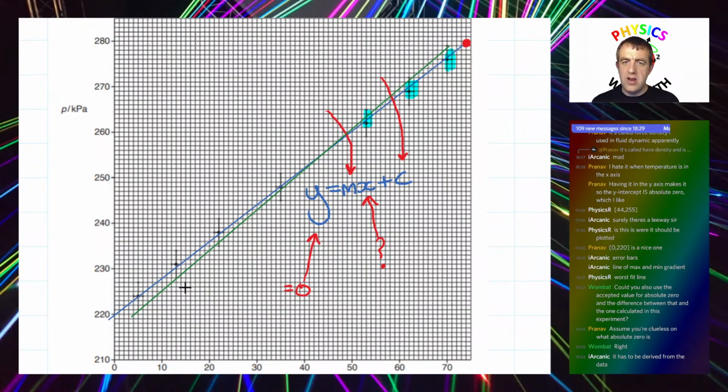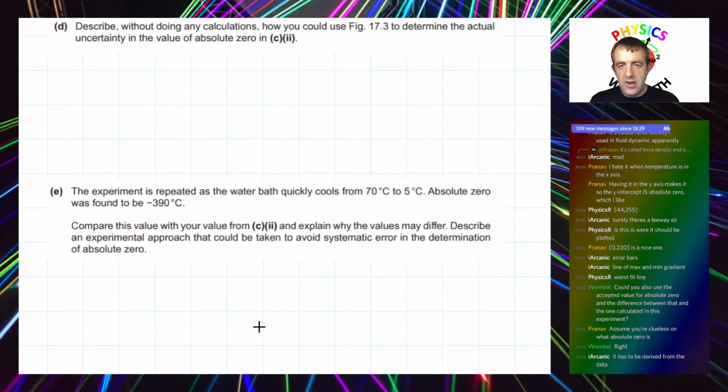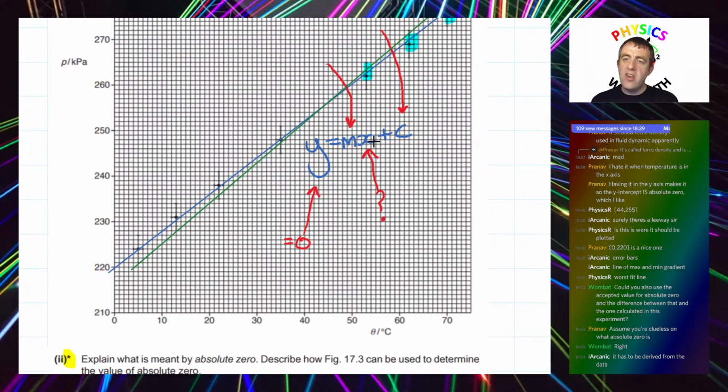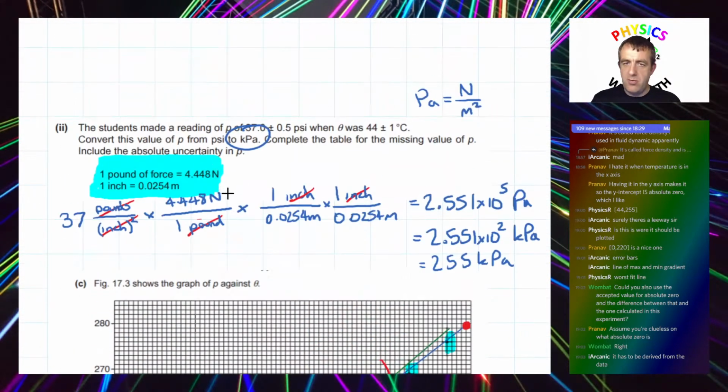If we've got a straight line, but it crosses the x-axis at negative 390 degrees Celsius, then the whole line is shifted to the left. That means that every temperature we've measured is actually a bit colder than it should be.